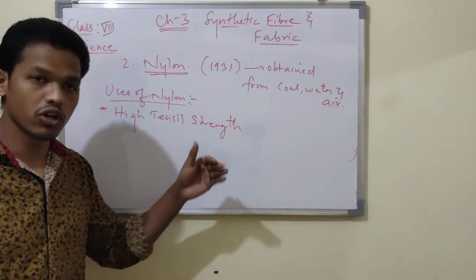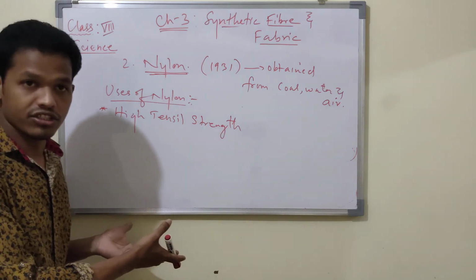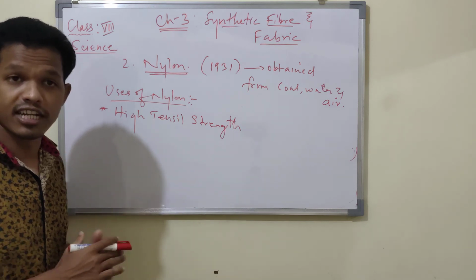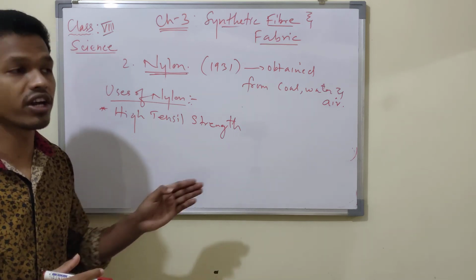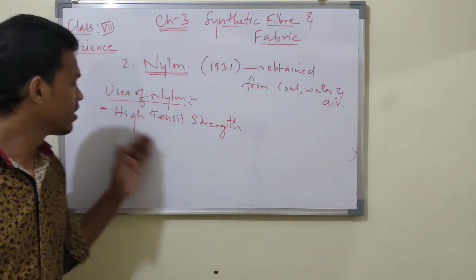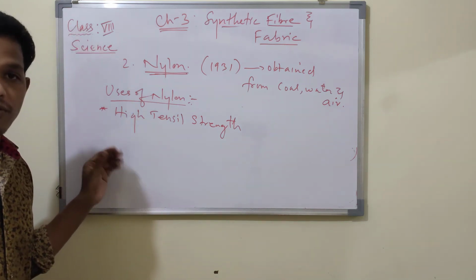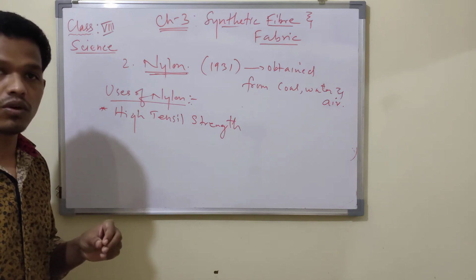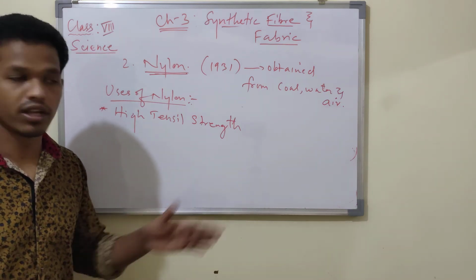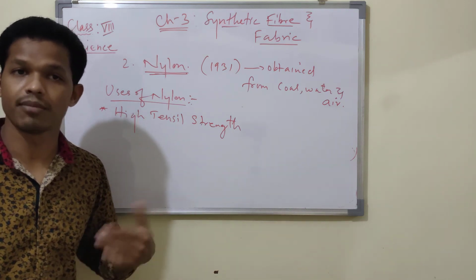High tensile strength: I have already explained that a nylon thread of the same dimension as a steel wire is stronger than the steel wire. We did an experiment by putting weight on it. The limit of the steel wire is 550 gram, whereas the nylon thread is 600 gram and above.